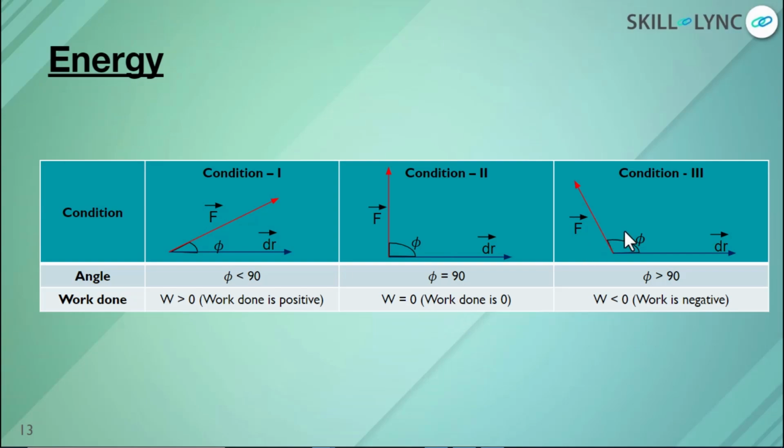Coming to condition 3. Here, the angle phi made between the force and the velocity is greater than 90 degrees.